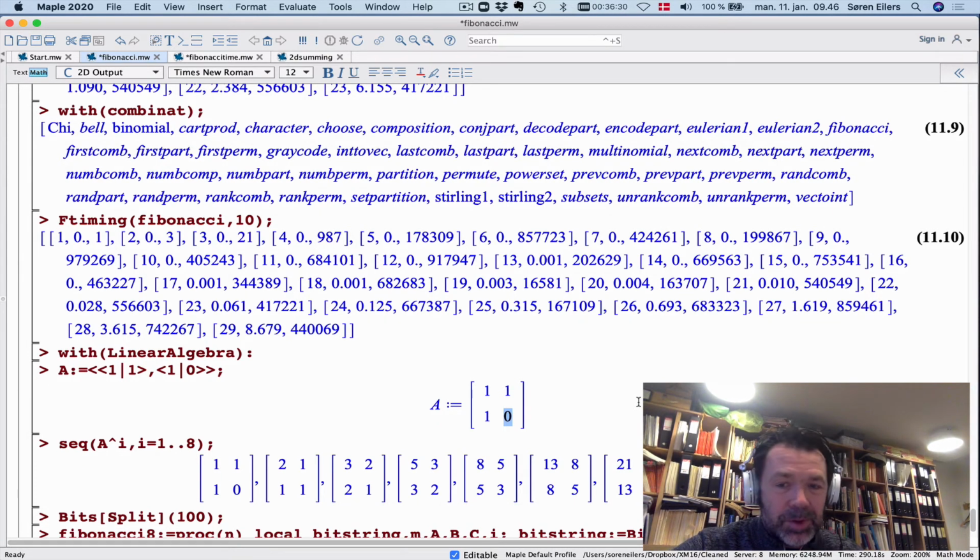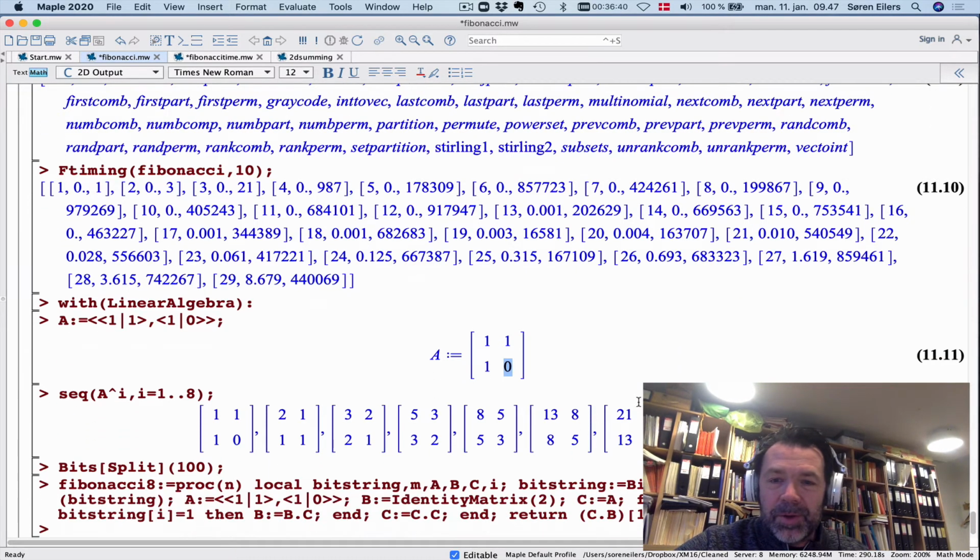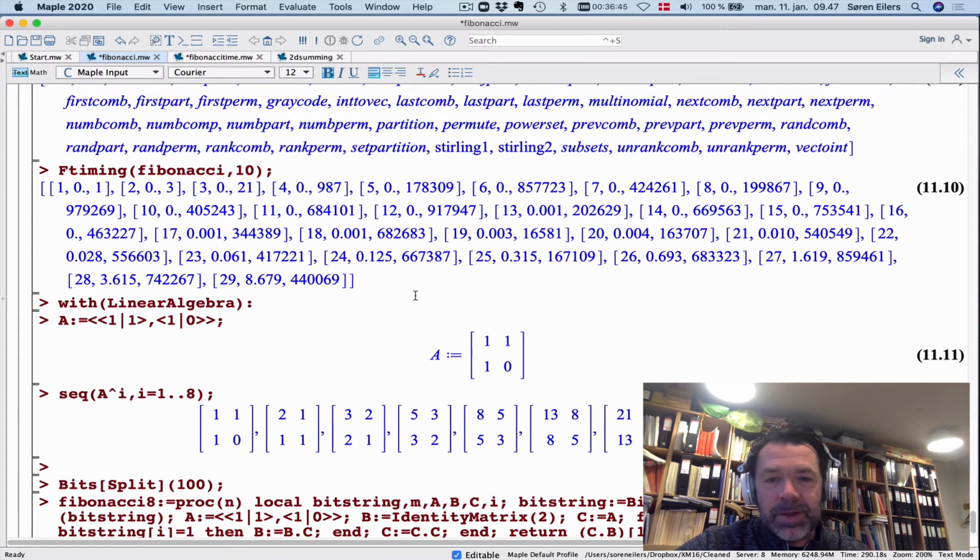It's easy to see that you actually do get the Fibonacci numbers just by matrix multiplication. But how is this a good way of computing the Fibonacci numbers? Well, there is a trick we can do. For instance, to get to the 8th power of A, we don't actually have to make 8 or 7 matrix multiplications, because we can be clever.